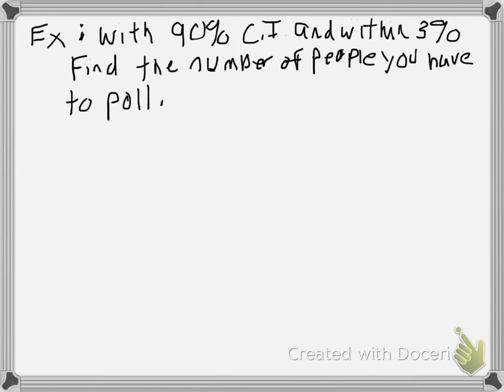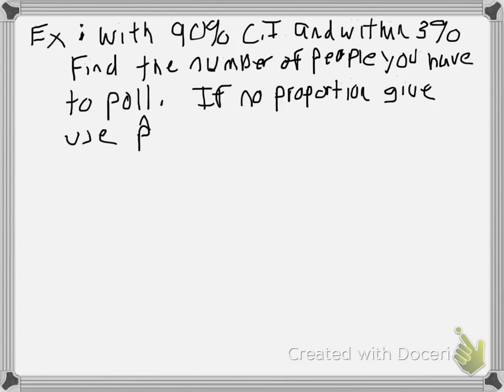Okay, so one of the things that you notice is there's no proportion here. If there's no proportion, and we're dealing with a proportion, which we are in this case, you're going to use, so I'm going to write this down, if no proportion given, use p hat equal 0.5.